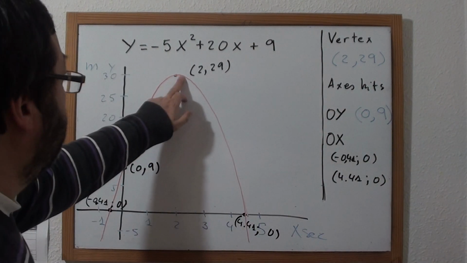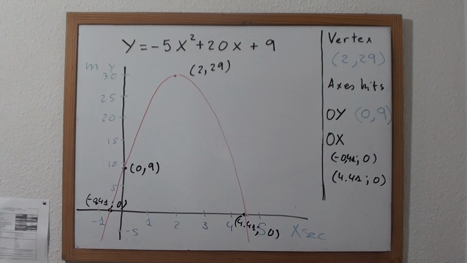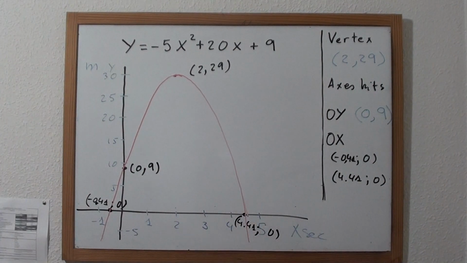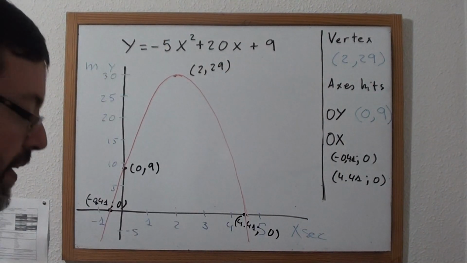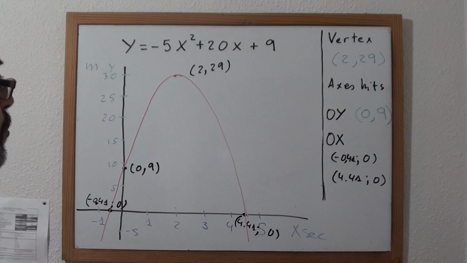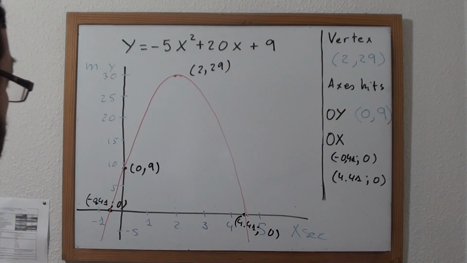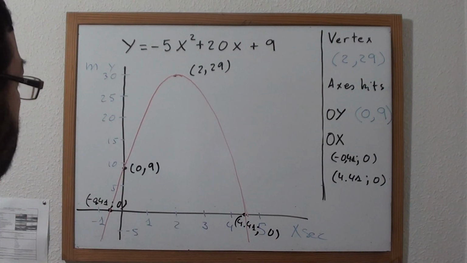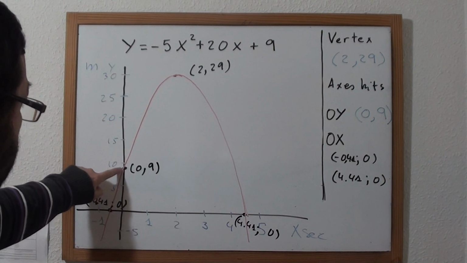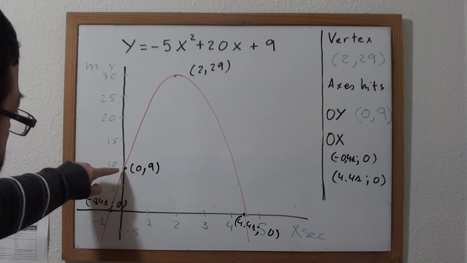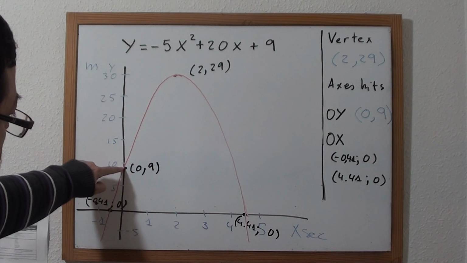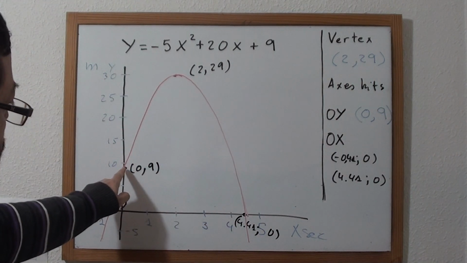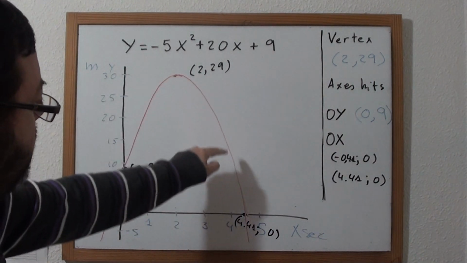Remember, this was a function describing the movement of a rubber bullet that is shot upwards from the top of a building. So the first question is going to be how tall was the building from which we shoot the rubber bullet. And here is the answer, 9 meters tall. The bullet is shot from here.